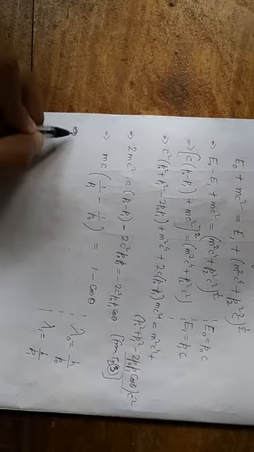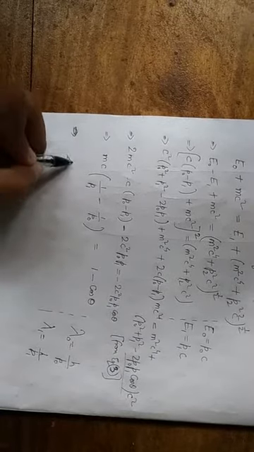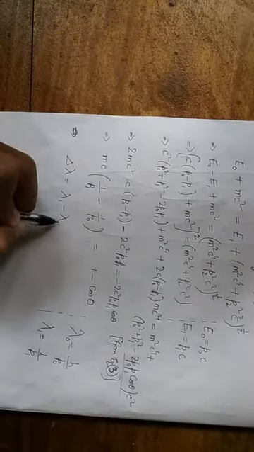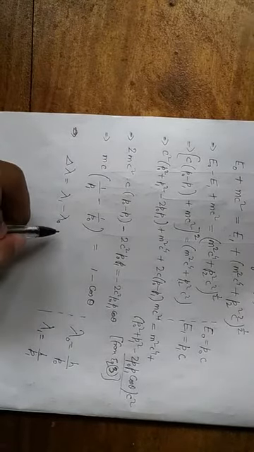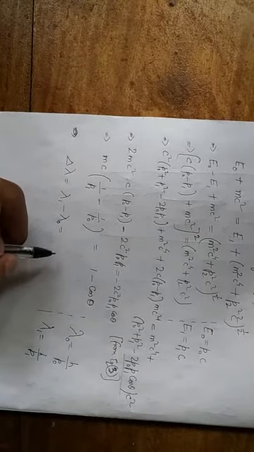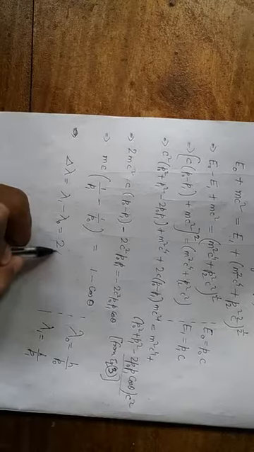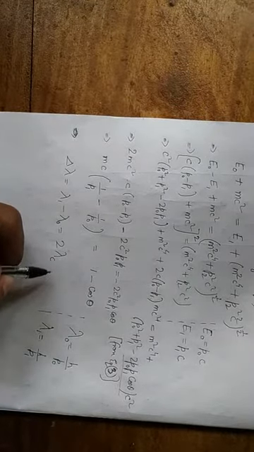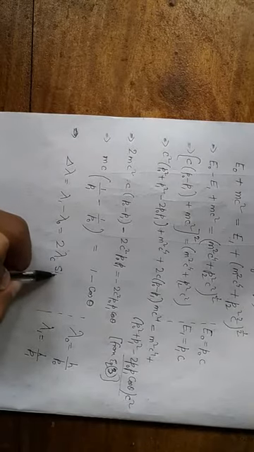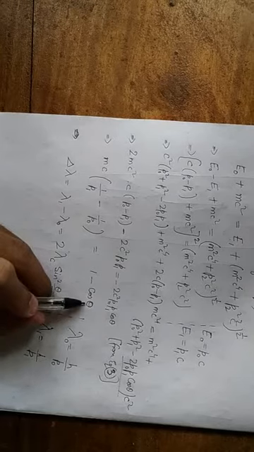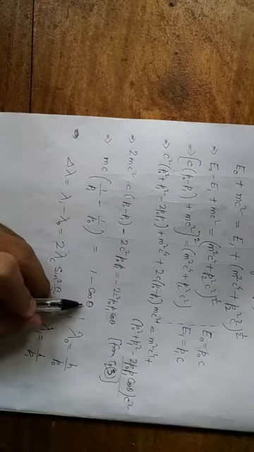So the shift delta lambda is equal to lambda 1 minus lambda naught, that is equal to 2 times lambda c, called the Compton wavelength, into sine squared theta by 2, since 1 minus cos theta, trigonometrically, is equal to 2 sine squared theta by 2.